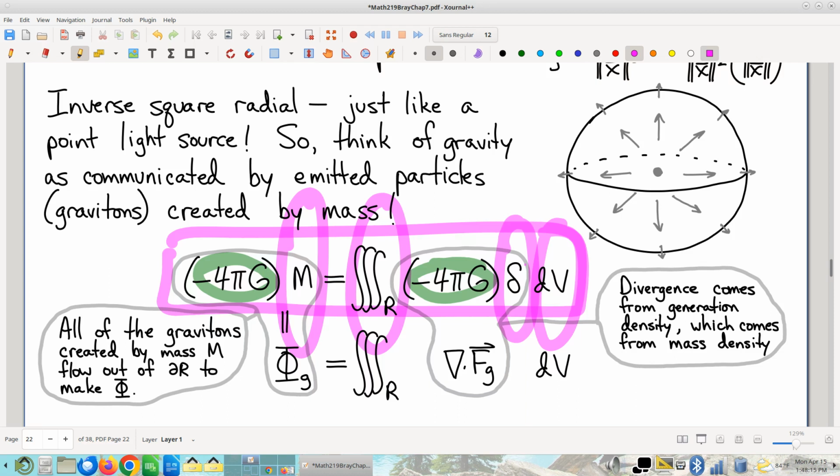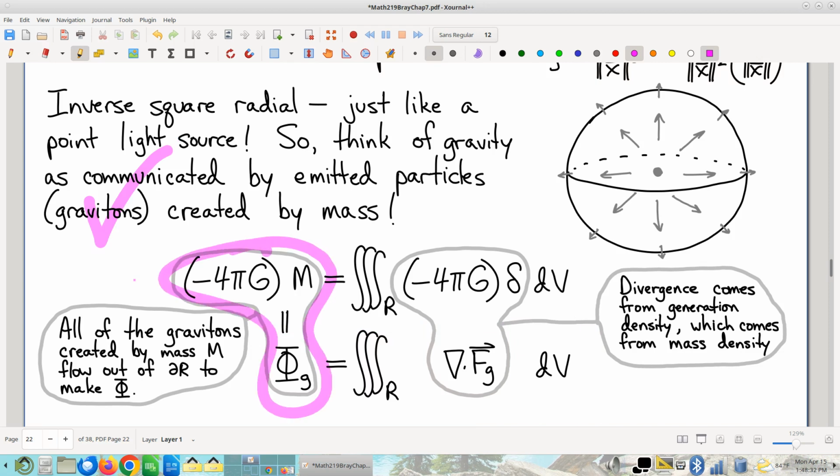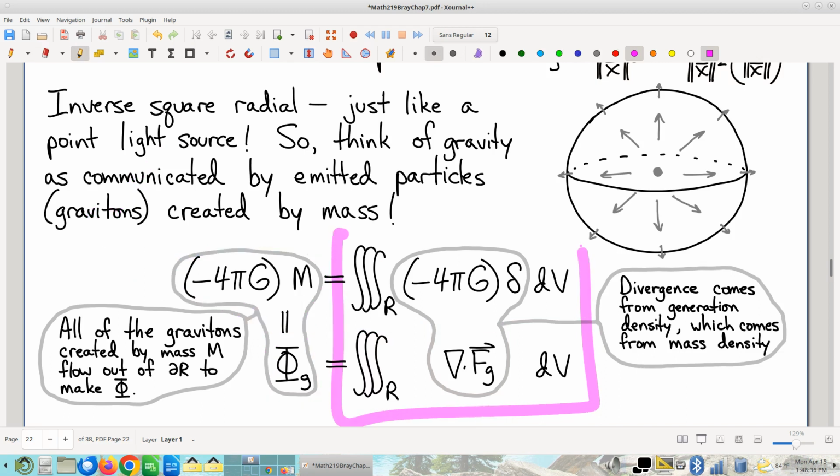And then this bottom line down here, this is just the divergence theorem. Right? Gauss's divergence theorem right there. So what we have, again, out of this graviton point of view that gives us this, I think, very physically plausible first interpretation, what we get is that these two integrals are always equal.